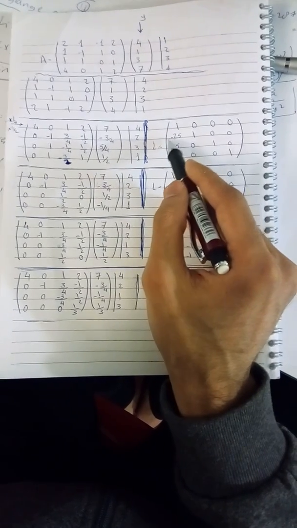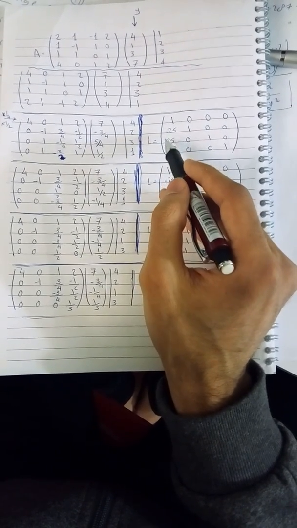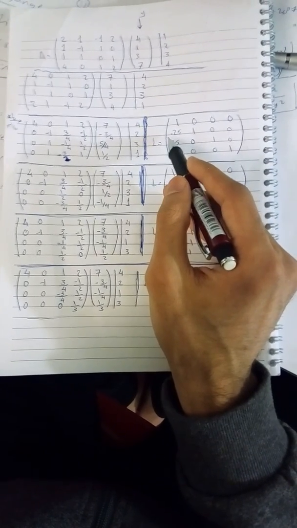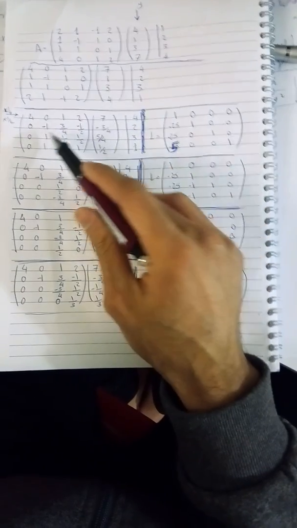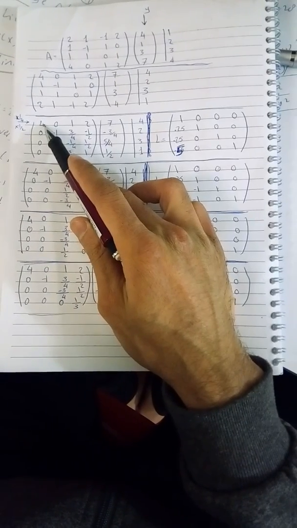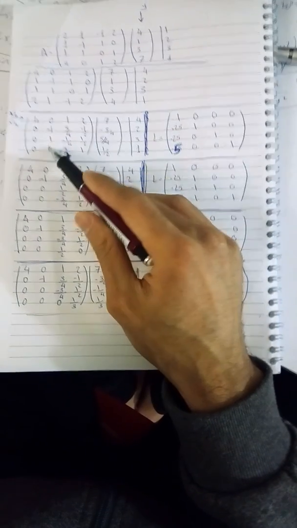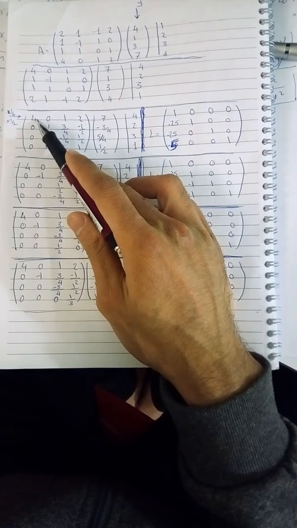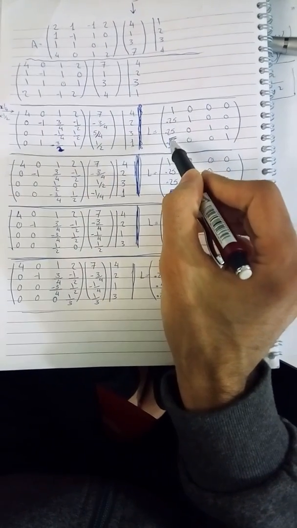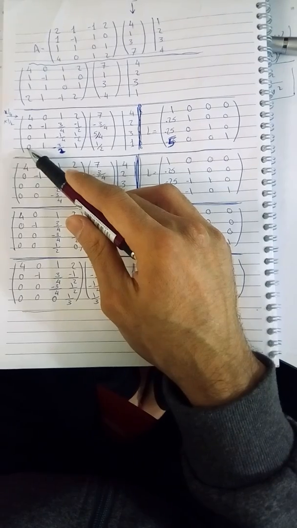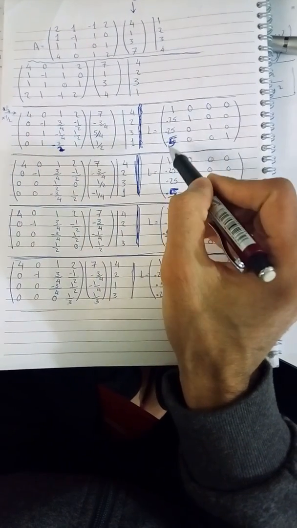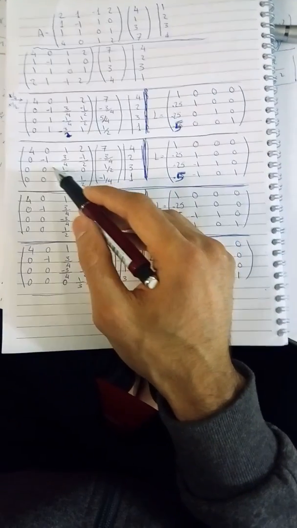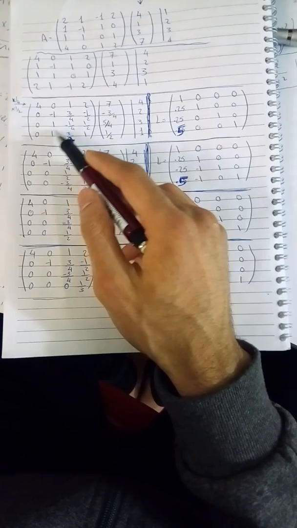We don't need to get L, and at the end get L inverse by the calculator or whatever. No, we will get L inverse and L in the same step. So here we multiplied by -1/4, so we write here 1/4. We multiplied here to make this element 0, we multiplied 4 by -1/4, so we write here 1/4, and here we multiplied by -1/2, so we write here 0.5, which is 1/2.